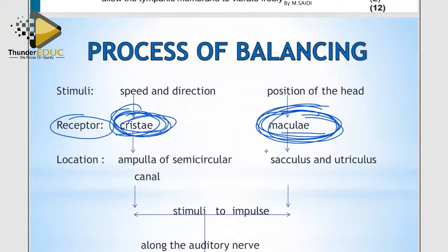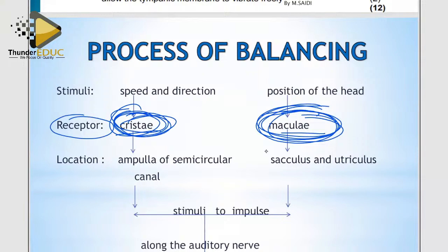You sing it, you write it down. You love it because if you hate it, it won't go into the head. And if you hate it, that's what they want to bring, and you're going to fail it. So cristae, maculae, those are the receptors.